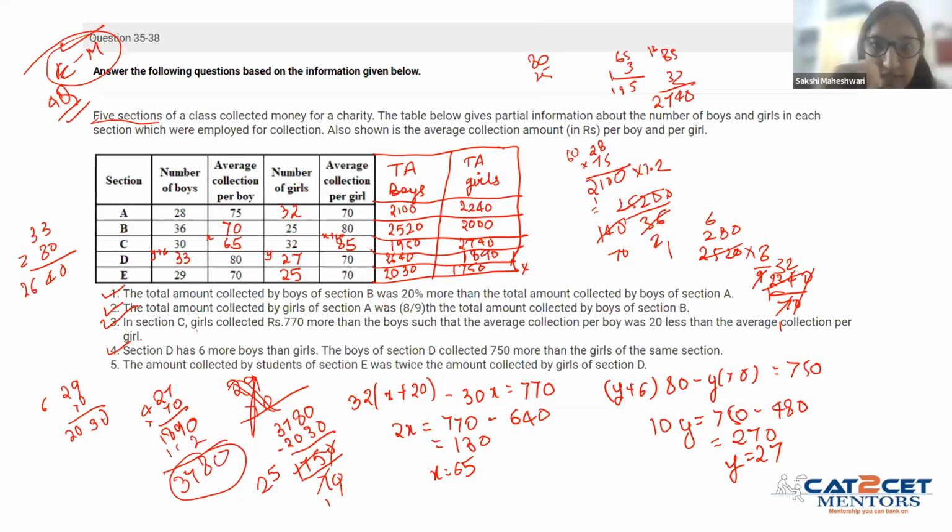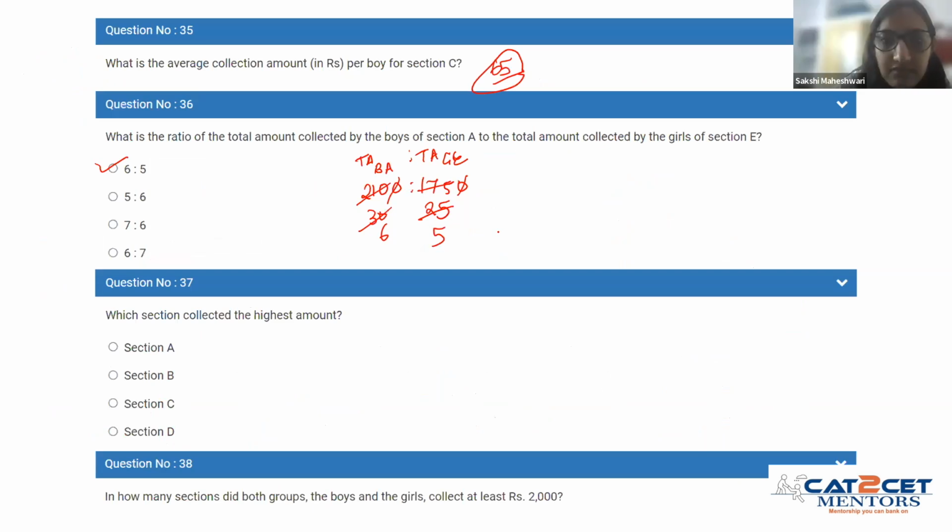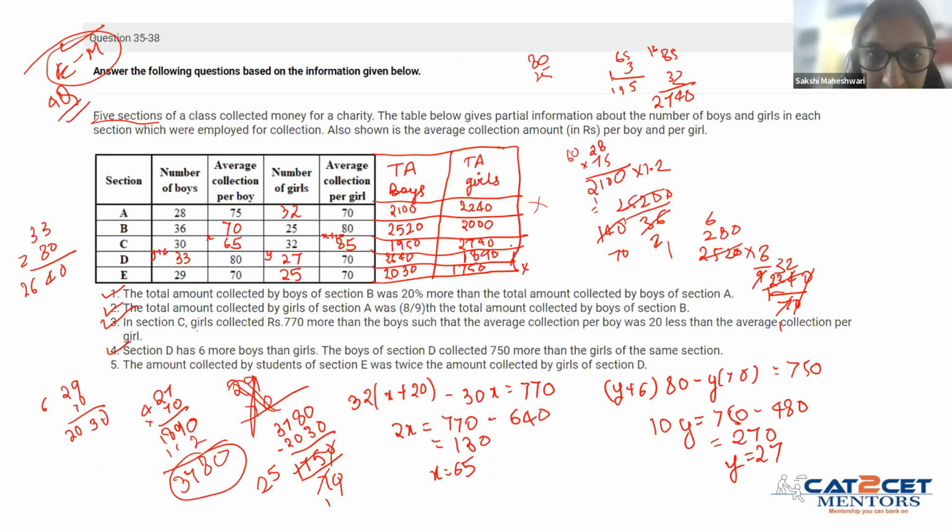Now let's see what else we can eliminate. So you can see that for sections A and B, this is 400 more and this is just 200 more. So B is greater than A. Okay. Now let's talk about sections B and D. I think, see, here there is a difference of 110 and here there is a difference of 120.